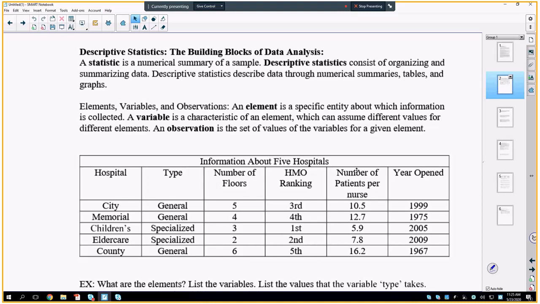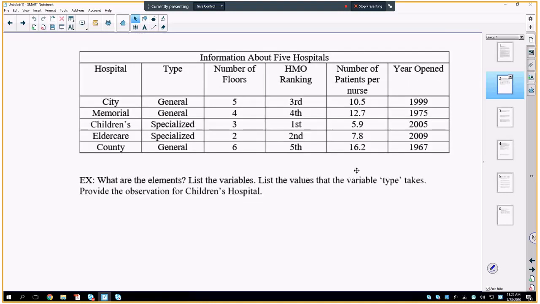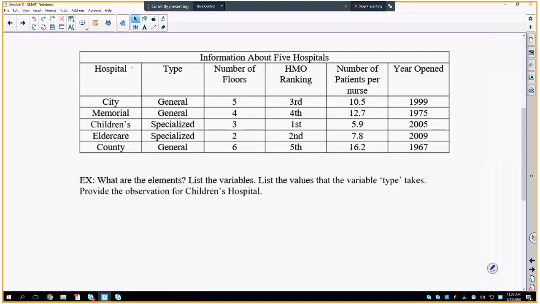Let's look at an example. So the table here shows information about 5 hospitals. And you can see it's broken into columns, and the title of each column is at the top. We have the hospital name, the type of hospital, the number of floors, the HMO ranking, the number of patients per nurse, and the year opened.